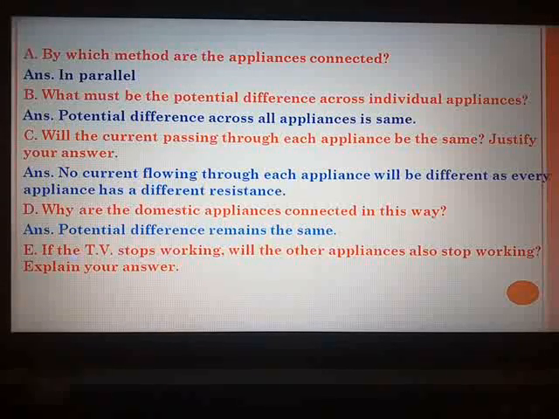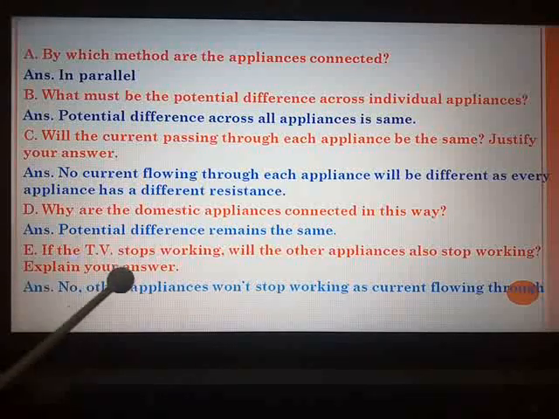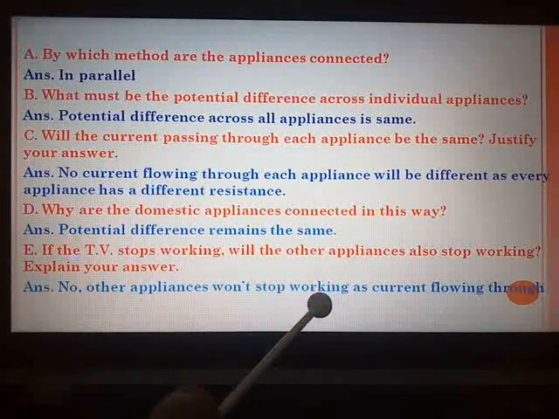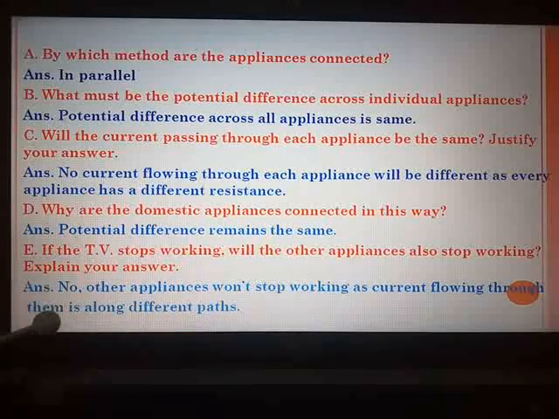So the rest of the appliances will keep on working. So the answer is no. Other appliances won't stop working as the current flowing through them is along different paths. But if it were a series combination, then the answer would be yes.